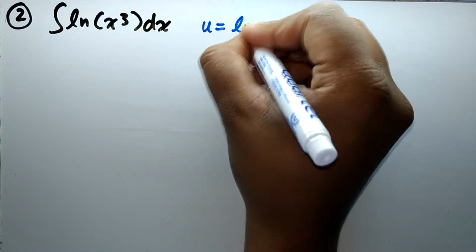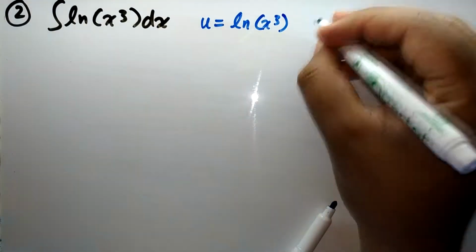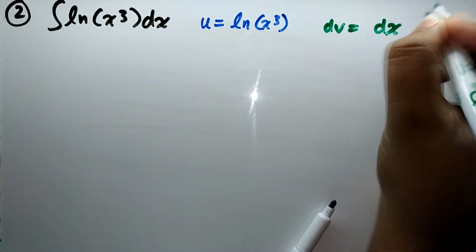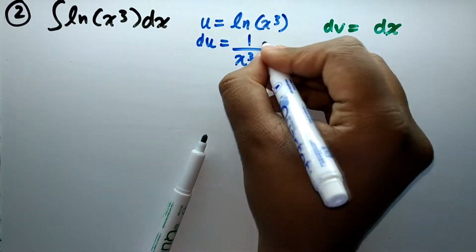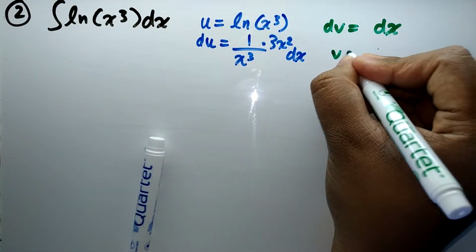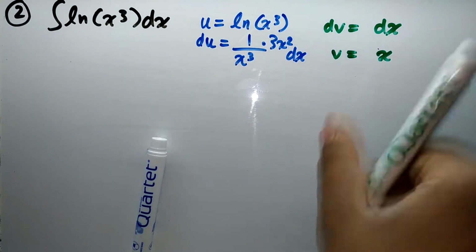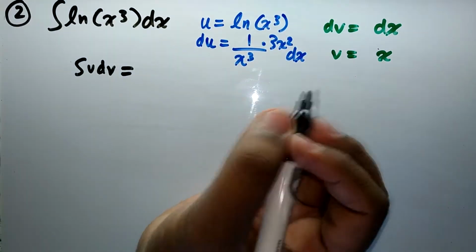Again, a similar sort of example, this time with ln x cubed. So let u equal ln x cubed, and dv is just dx in this case. If we differentiate ln x cubed, it's going to be 1 over x cubed times the derivative of x cubed, which is 3 times x squared, and v is just going to be x. Then plug it back into the IBP formula.